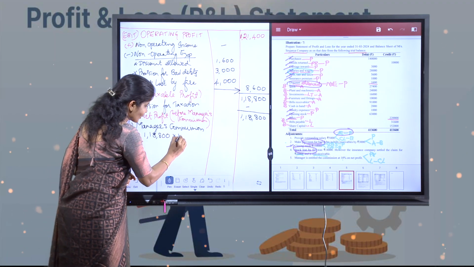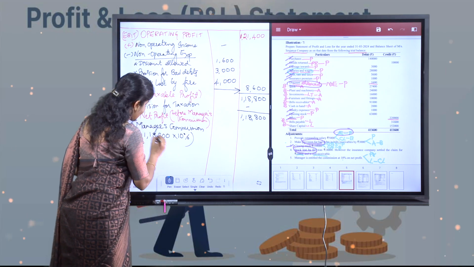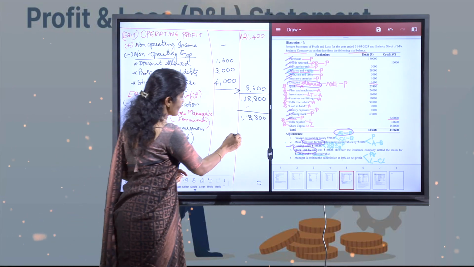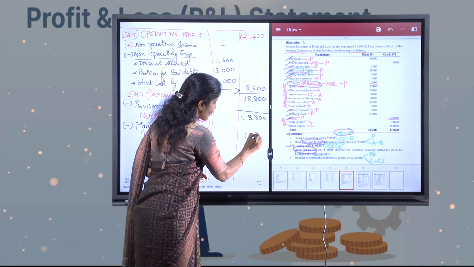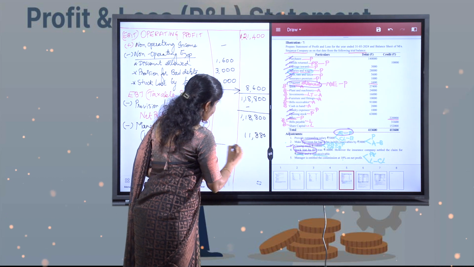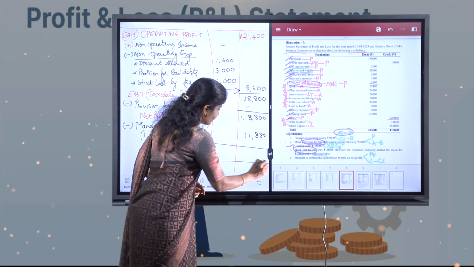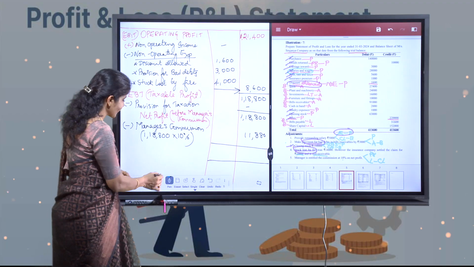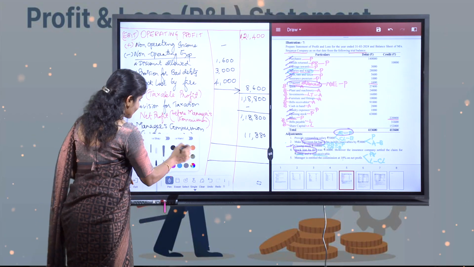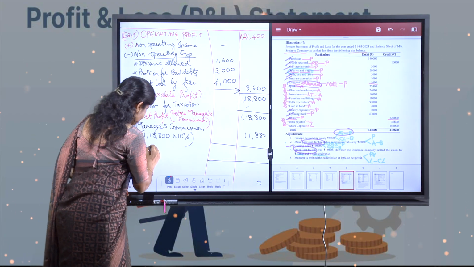1,18,800 into 10% of this means it is 11,880 rupees. Then how much is the actual net profit? The actual net profit is the difference of that.